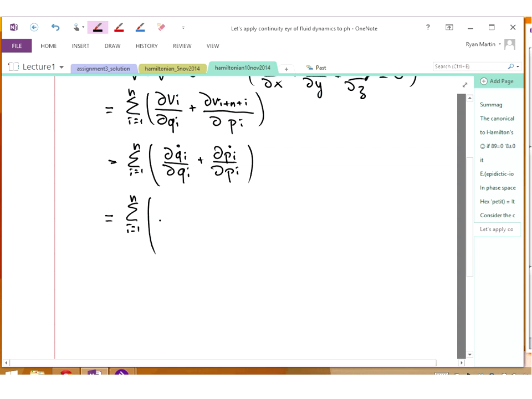Here I have the qi dot, so that's ∂/∂qi of qi dot, which I can write as ∂H/∂pi. Similarly, I have ∂/∂pi of pi dot, and the pi dot I can write as minus ∂H/∂qi.